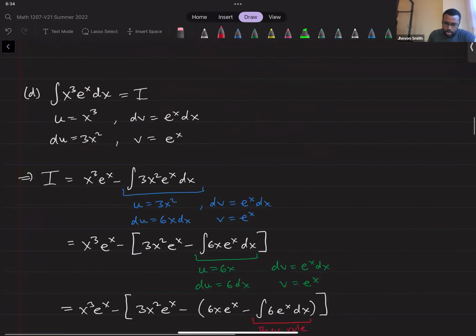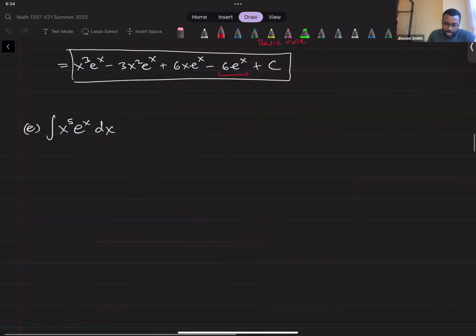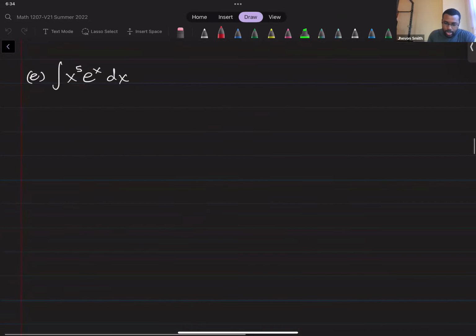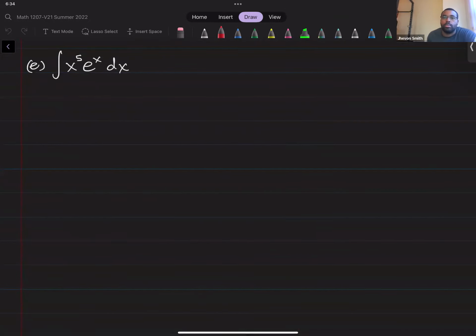So this is actually similar to the first one, but this is like x to the 5th. So what do we do here? u is x to the 5th.